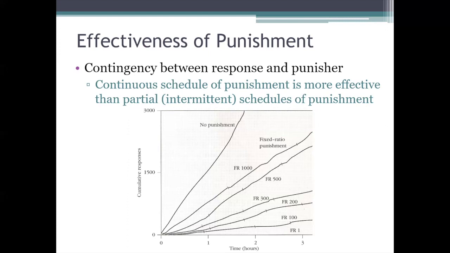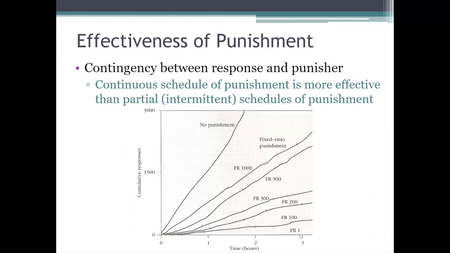And as you can see, the thinner the punishment schedule, the less suppression of the key pecking response these pigeons showed. So when an FR 1000 schedule of punishment was used, when the pigeons got shocked for every thousandth key peck, then their responding was suppressed by about 60%. When an FR 100 schedule was used, then responding was suppressed by about 80%.